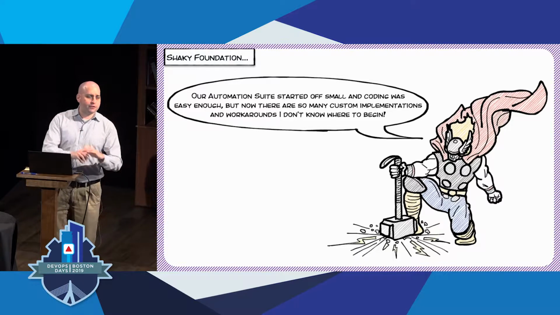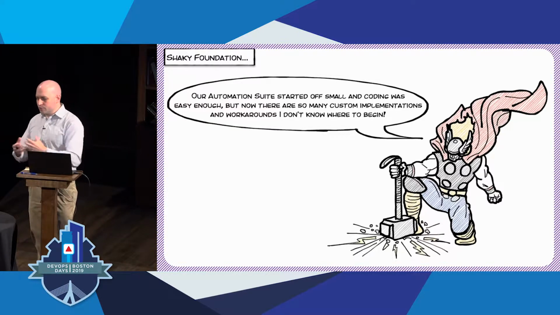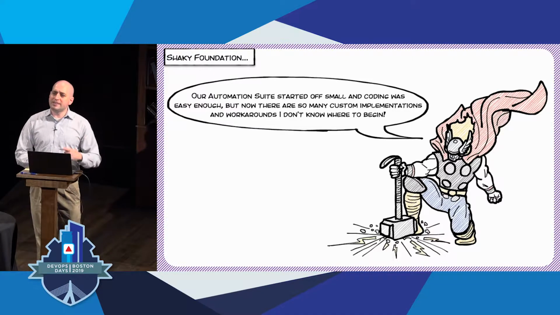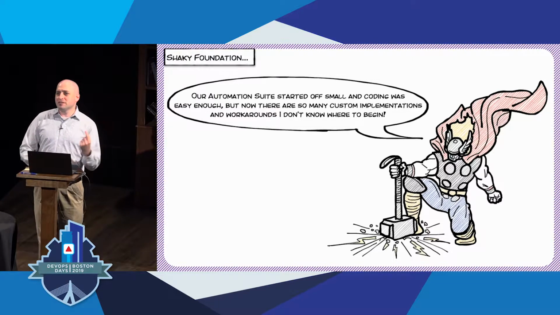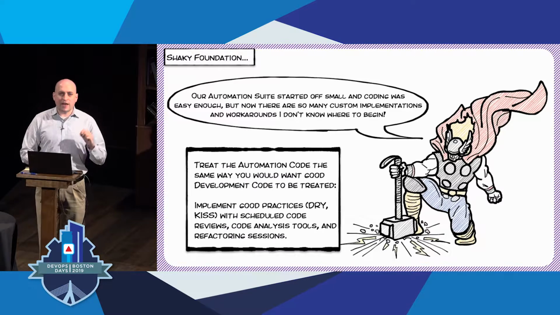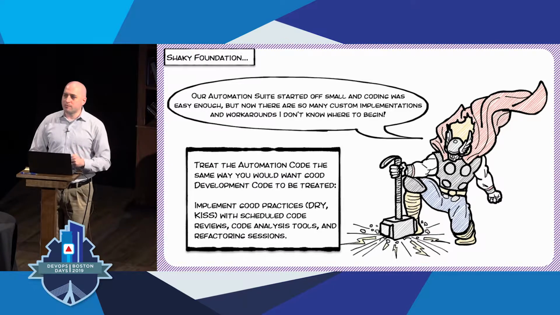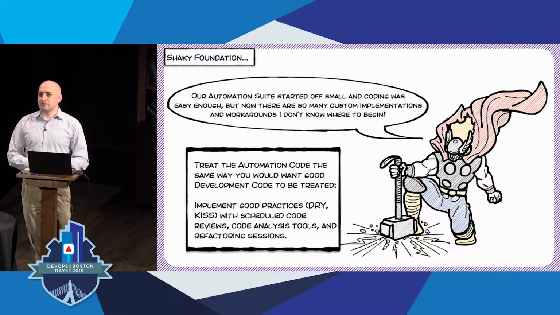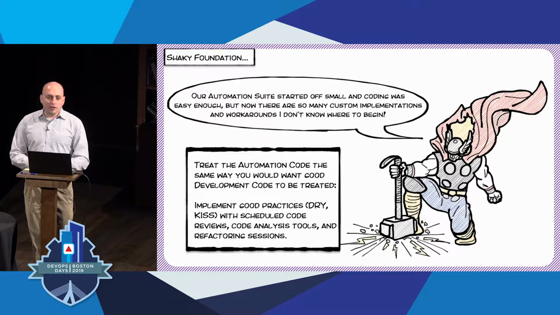Another area of concern is the shaky foundation. This is where people get a new tool, or maybe they're working with a legacy application in terms of test automation. They're not making concessions for the people who are going to use it two, three, four, five years down the line. They're going to put it in to get it done for today, so that we delivered this card today. That often leads to you throwing away your automation suite after a few years. At my very first company, they did this on a massive scale. We were talking tens of thousands of people working there, hundreds of automation suites. None of them lasted.